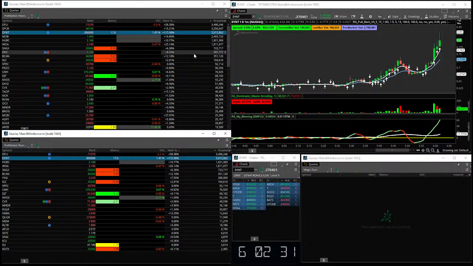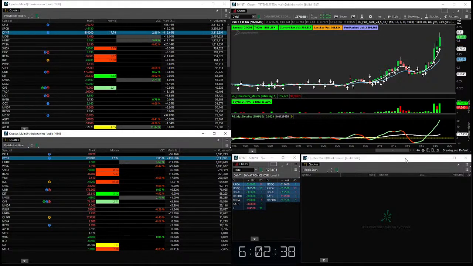Another tall wick on the top. They are taking profits up here at the top of this run. I guess they don't trust it. It's probably the only one moving this morning.